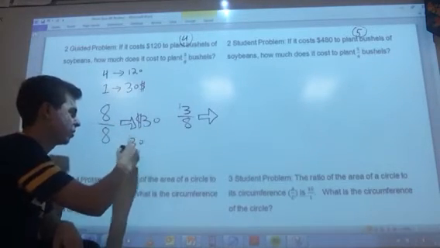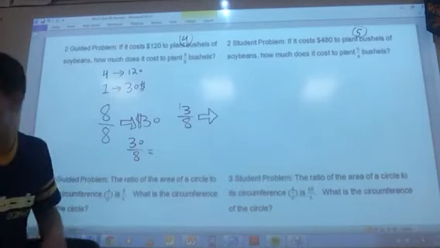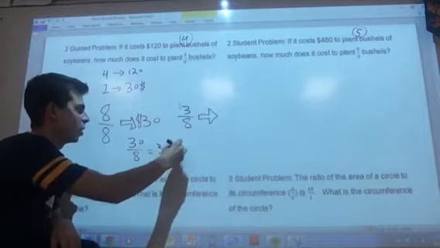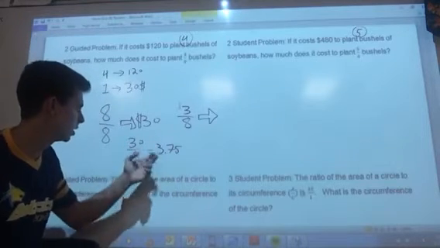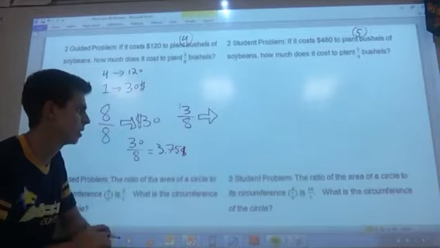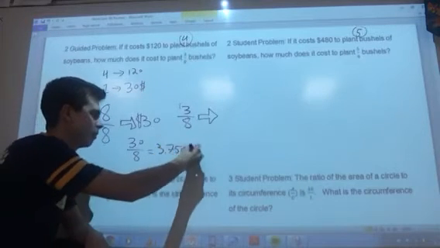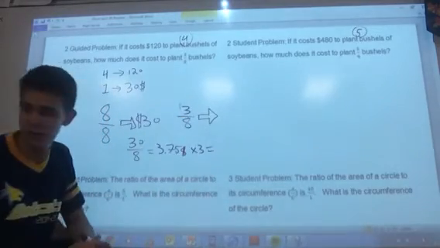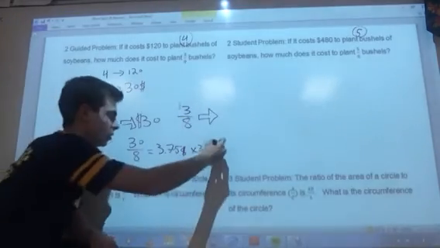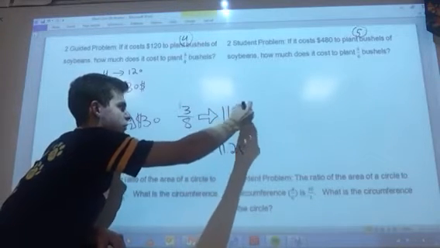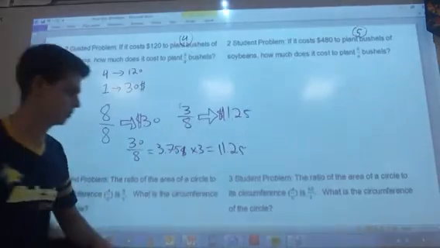If I divide 30 by 8, that gives me 3.75. So 1/8 of a bushel costs $3.75. Now I just need to multiply it by 3 to get 3/8, and that is $11.25.